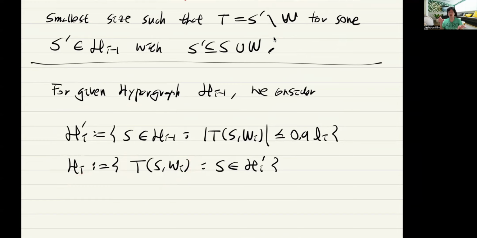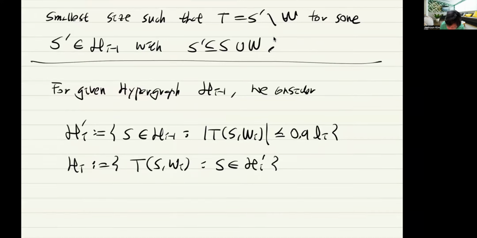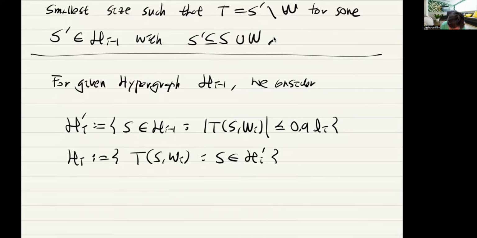Because W1 up to W_i you have already considered, and the covered part you forget. And in the remaining, our aim is to cover it. So this is your next. But we only consider the one that substantially shrinks.